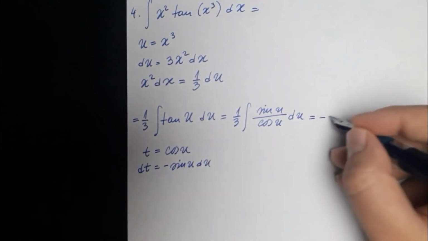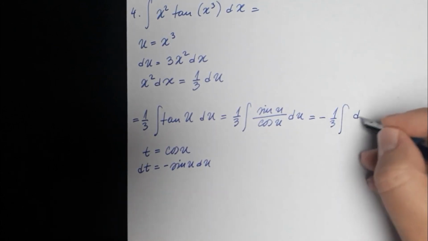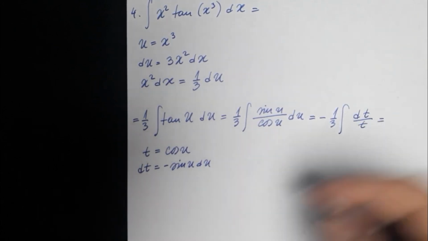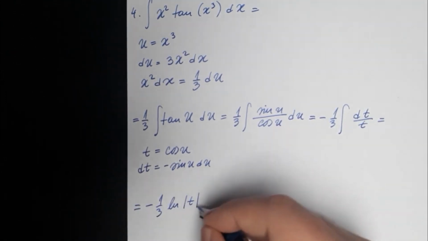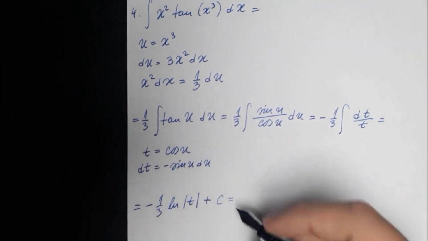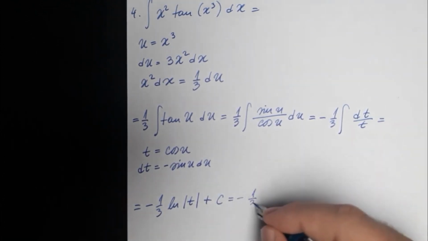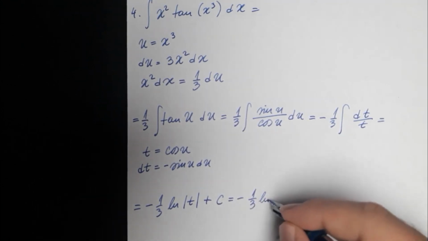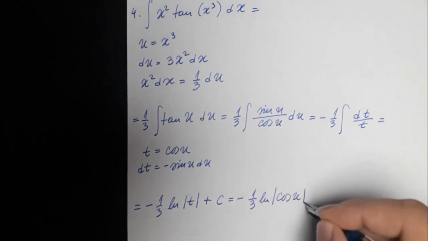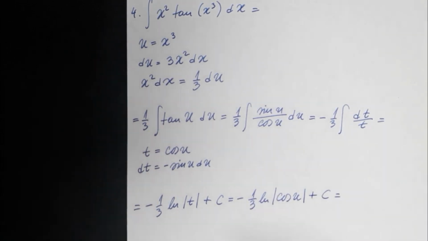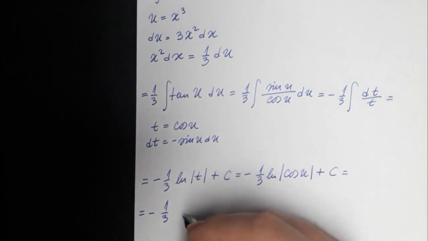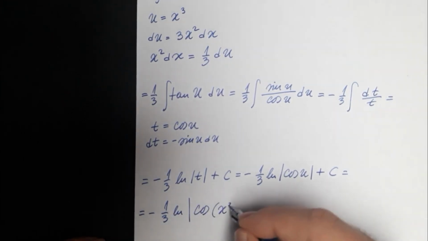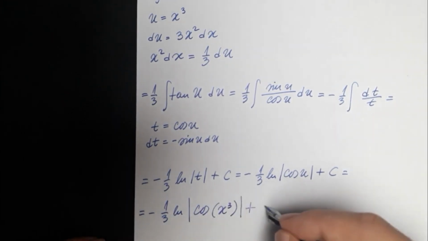This is then equal to negative 1/3 of the integral dt divided by t, and this is negative 1/3 ln absolute value of t plus c. When we return this into a u world, it becomes negative 1/3 of ln of absolute value of cosine u plus c. And when we return all of this into an x world, it becomes negative 1/3 of ln absolute value of cosine of x to the third power plus c.